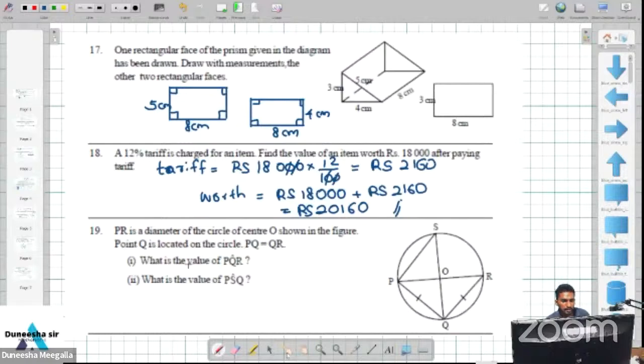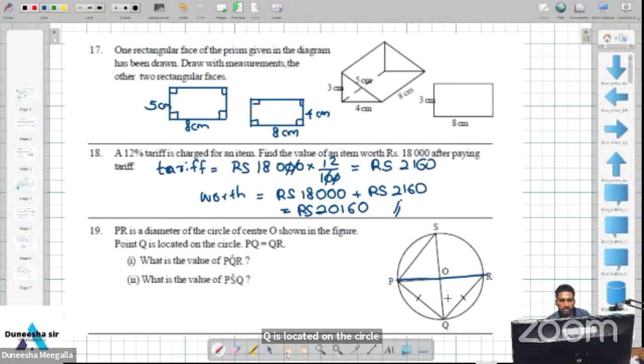What is the PQR value? PR is a diameter of a circle of center O in the shown figure. Point Q is located on the circle.